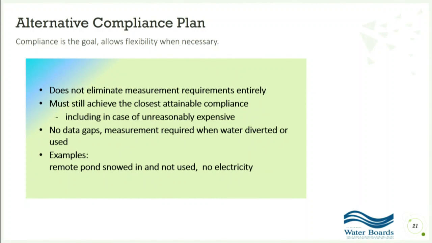Some examples where an alternative compliance plan is appropriate are remote stock ponds that are snowed in during the winter and are actually not used, so the diversion doesn't really affect the water supply or the available water downstream. Or in cases where there is no electricity available.